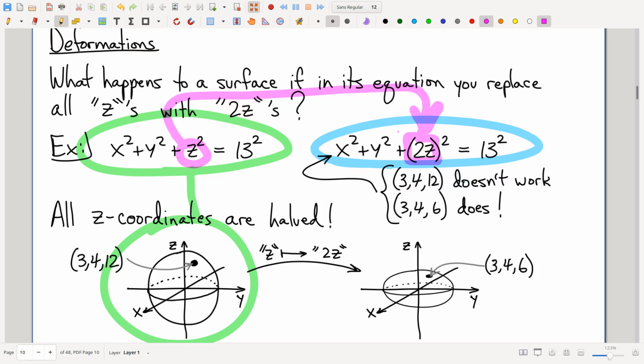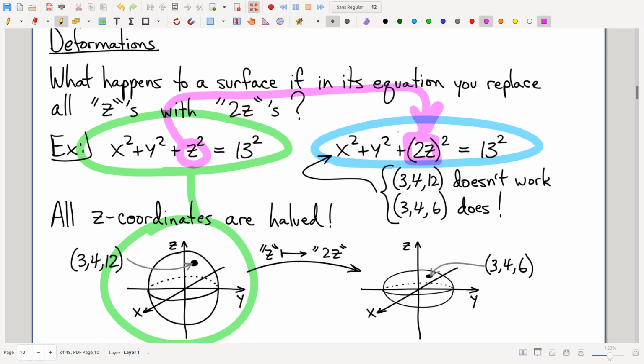Easy example, 3, 4, 12, it just works. 3 squared, 4 squared, 12 squared. They add up the way they're supposed to. But over here, if I tried to make it work, 3 squared, 4 squared, and then I have 12 that gets multiplied by 2 to make 24 that gets squared and messes everything up.